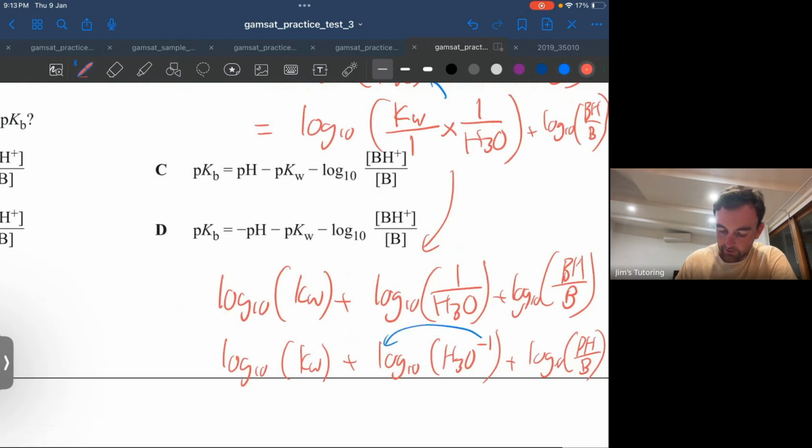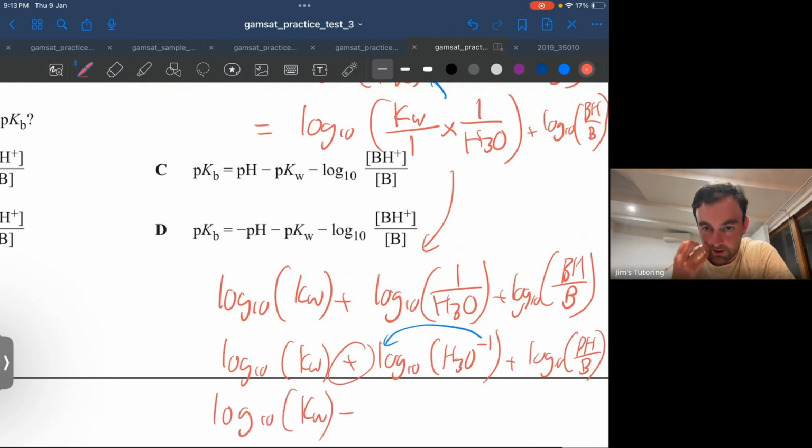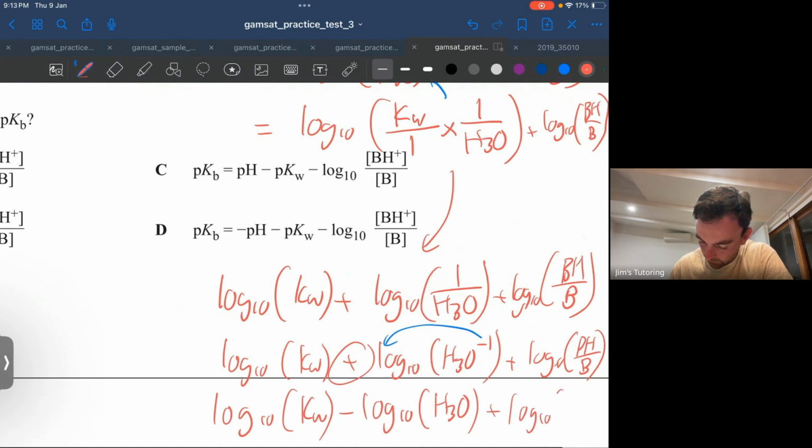So that's just going to make this turn to a negative. So I get log 10 of KW, I know I'm just rewriting the same thing, but to me, it's the easiest way to do it, minus log 10 of H3O plus log 10 of BH over B.